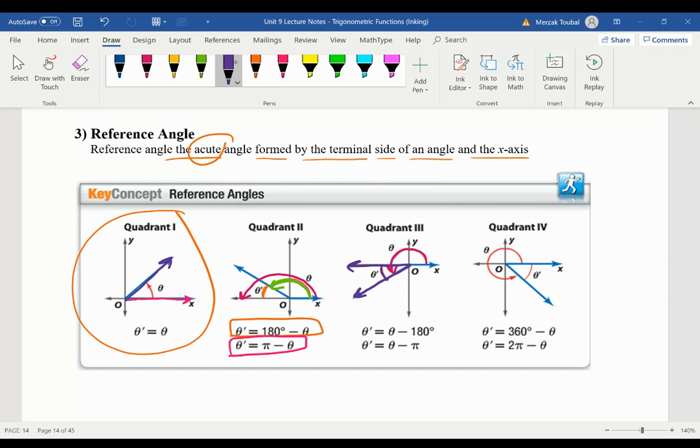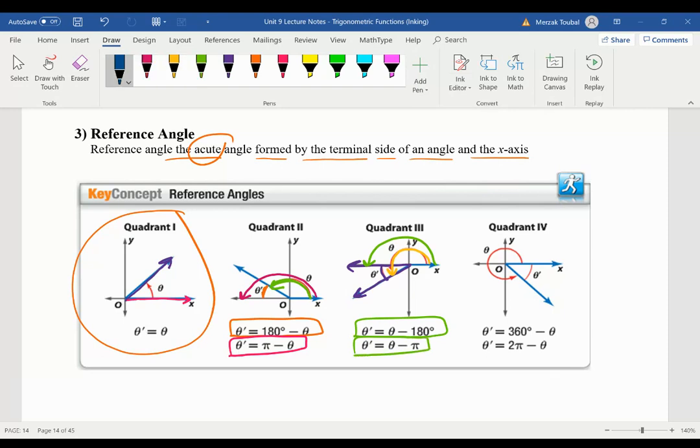Well, this one is theta, and this one is 180. So the orange minus the green should give us theta prime. So the angle theta minus 180 should give us theta prime. So theta prime is theta minus 180, or theta minus pi if we are in radians.